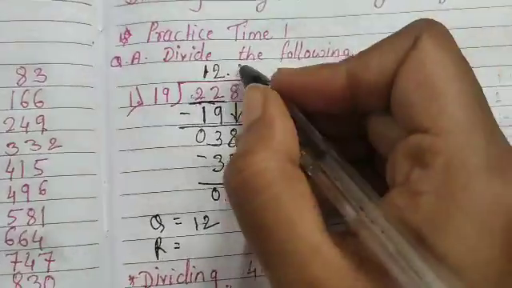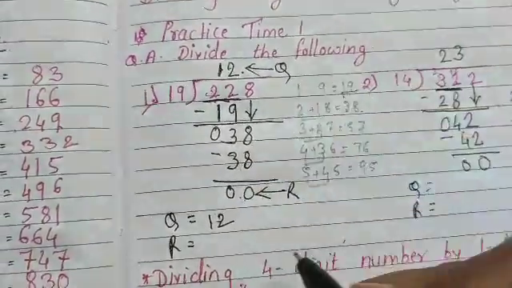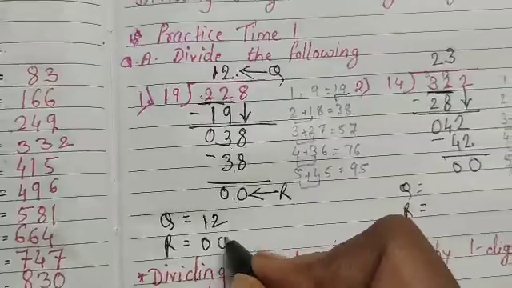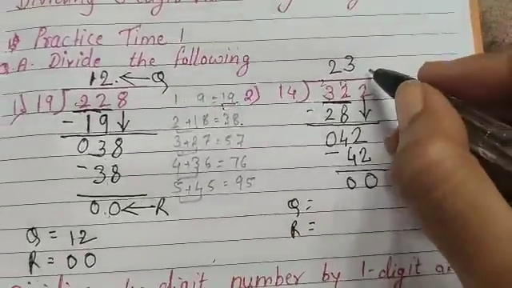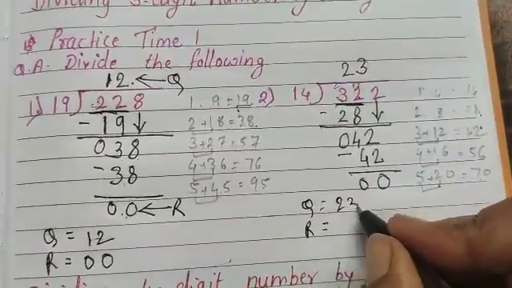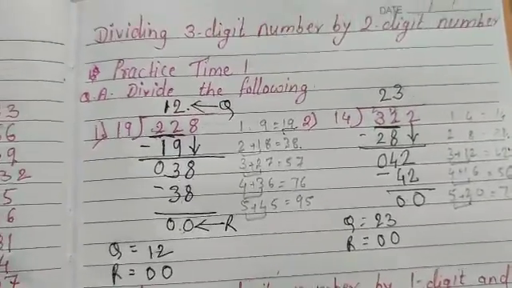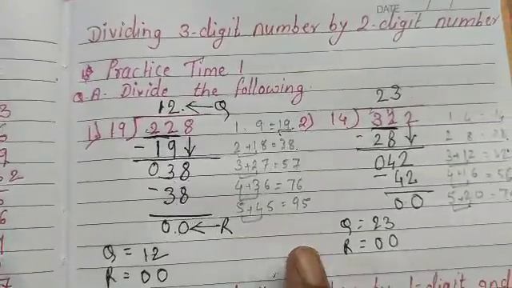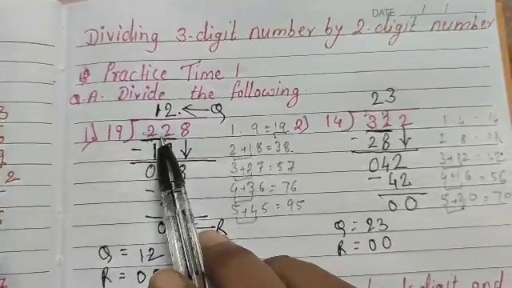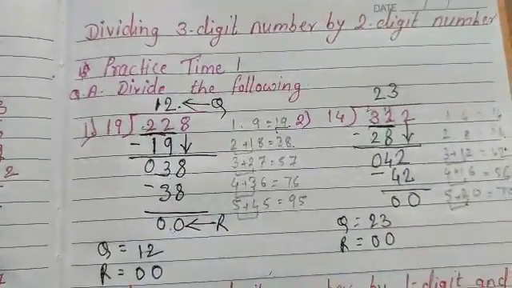So the remainder is 0, and the quotient here is 23. So this way you can divide a 3-digit number by a 2-digit number.